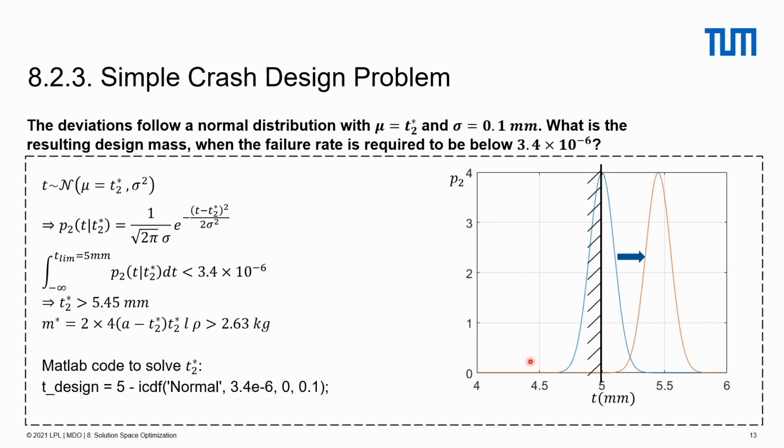With this idea, we see that the wall thickness is distributed normally with the mean equal to T2 star, and the sigma is given. The probability density function is this, and it can be found in many places.